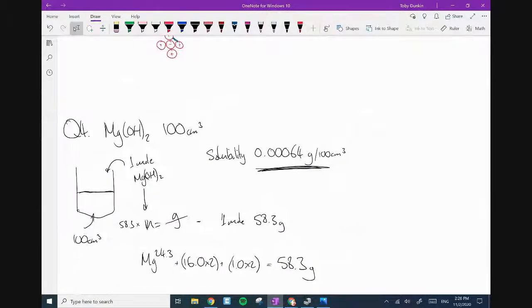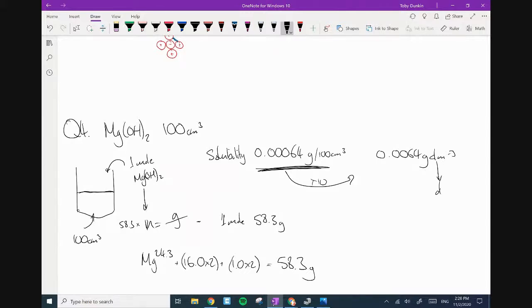Right. So what we can now do is go from that 1 molar and turn it into a real concentration. So that many grams per 100 centimeters cubed, so times it by 10 to put it into per liter. 0.0064 grams per liter.